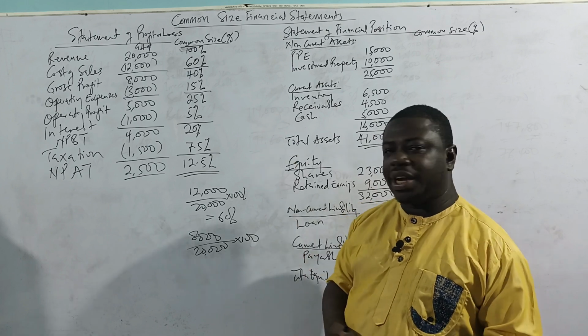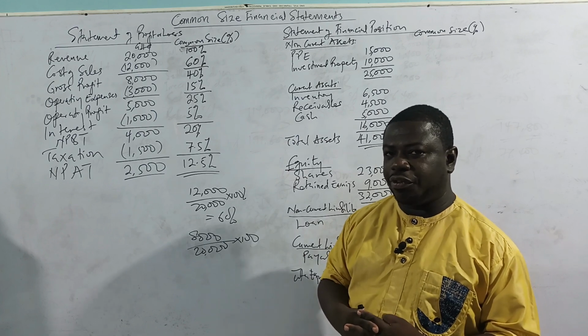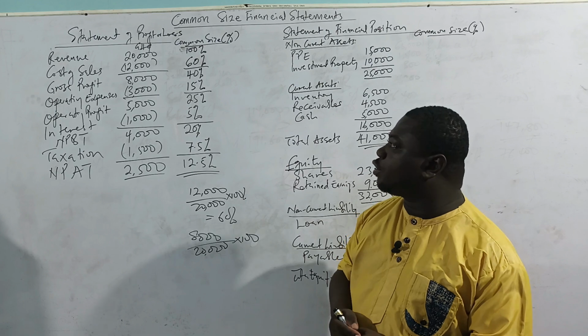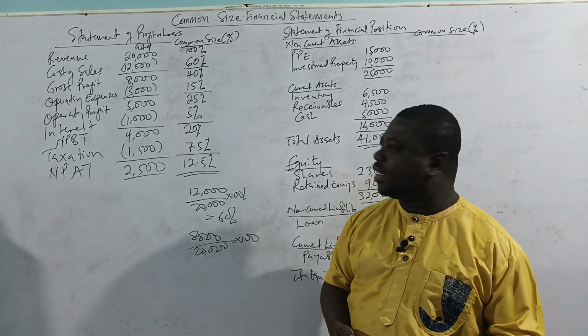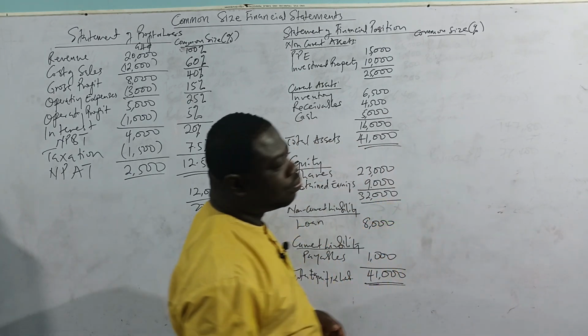I'm sure this is very understandable. So this is how to prepare a common size statement of profit or loss. The focus or the standard of measure is always the total revenue. It's always 100%, and then we find percentages of that. This is very simple. I don't think this should be a problem for you.